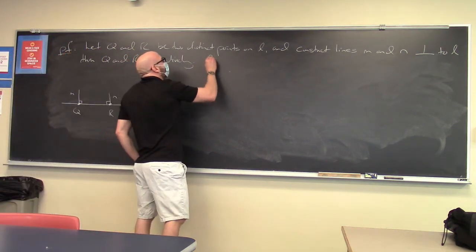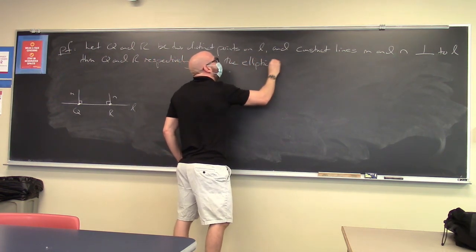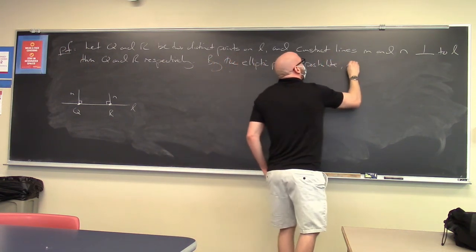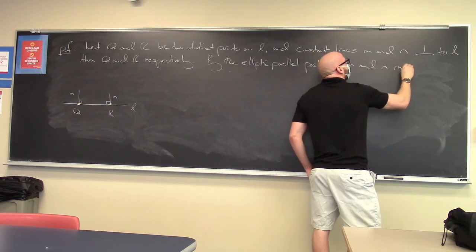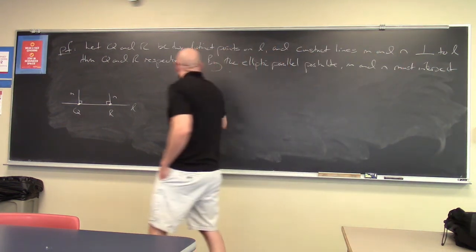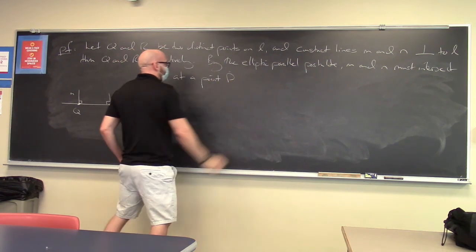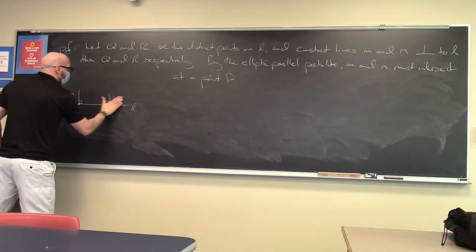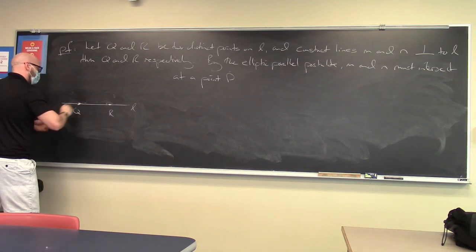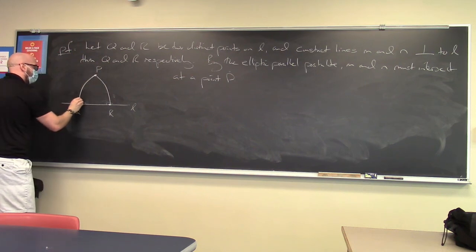So by the elliptic parallel postulate, M and N must intersect at a point P. So these two lines through Q and R have to intersect at a point P.